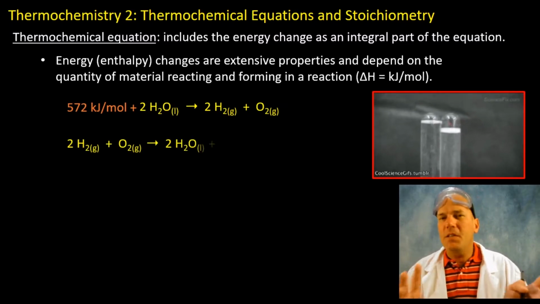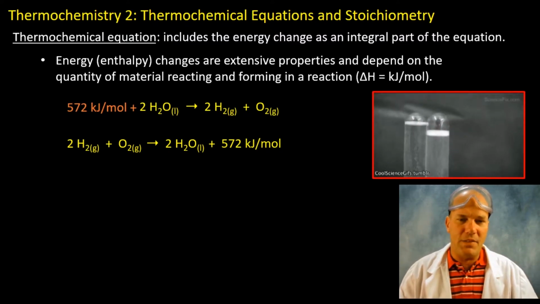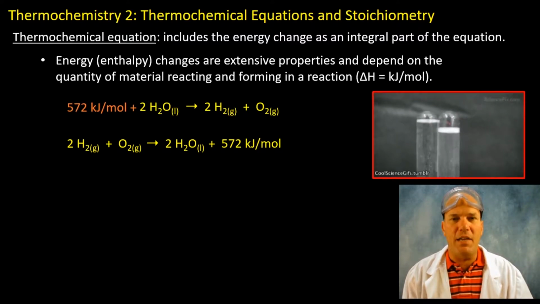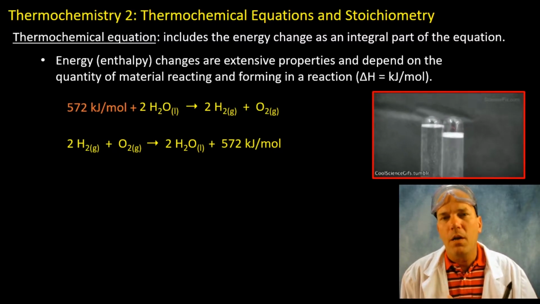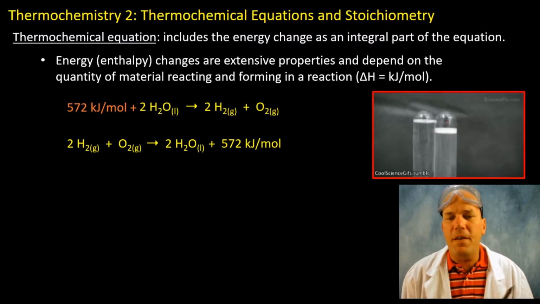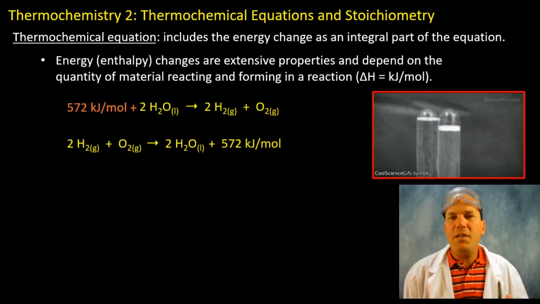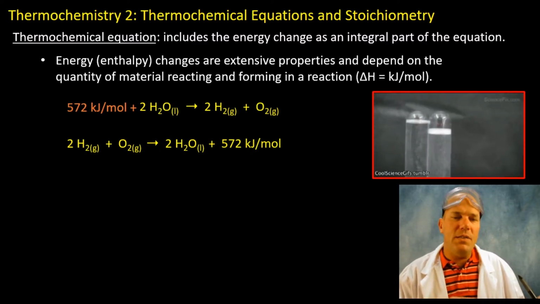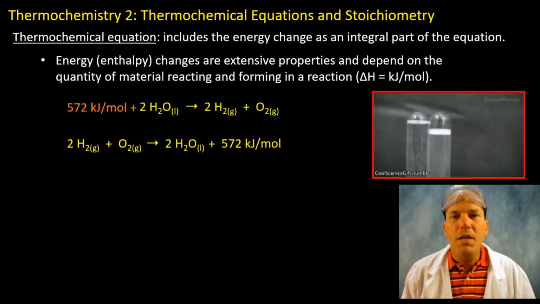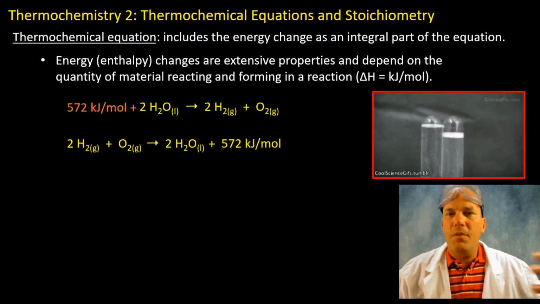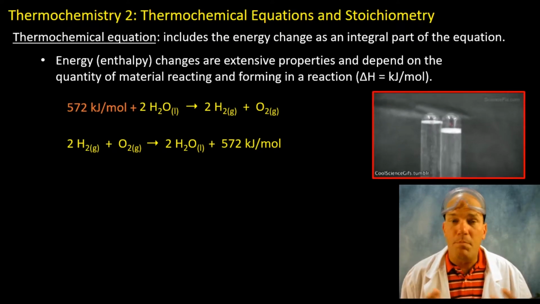Okay, so let's look at the reverse of this reaction, in which the hydrogen gas and the oxygen gas come together to form water. Well, this gives off a tremendous amount of energy. By reversing the reaction, in one instance we have the formation of water giving off energy, and that energy is given off to the surroundings and can be utilized to do work, basically.